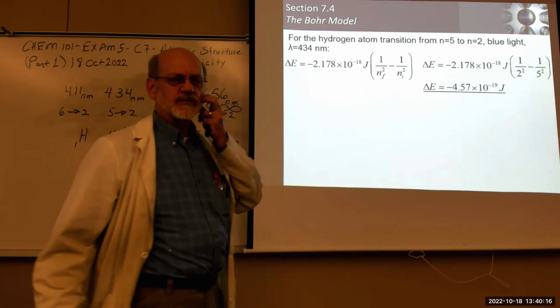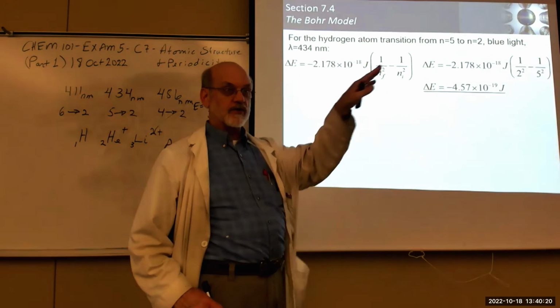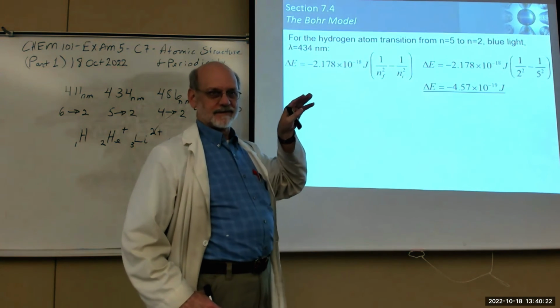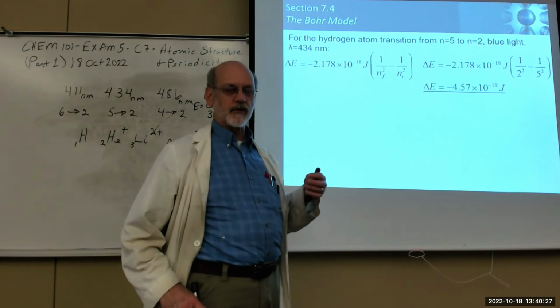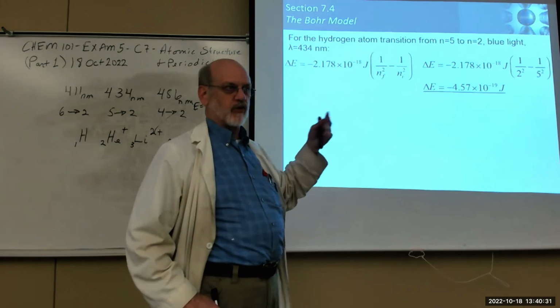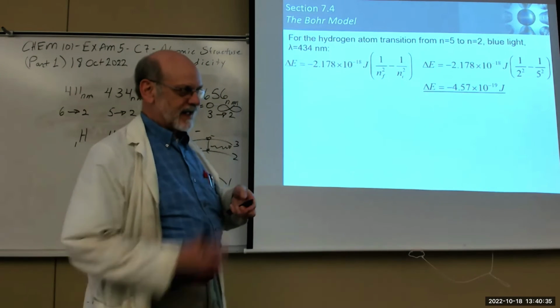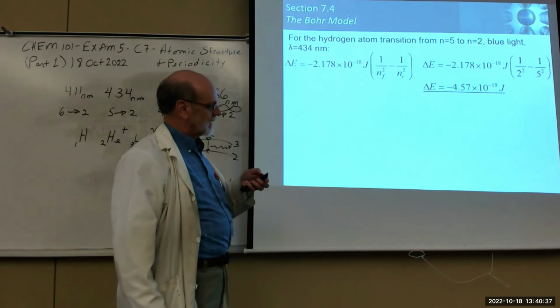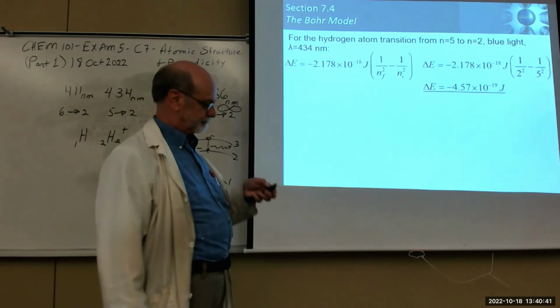We can think of this in terms of our system versus surroundings. If it's negative, then the energy is being lost. Just like heat, a negative Q would be exothermic. A negative delta E for this would be exergonic. I think this is the proper term. So exiting energy from the atom. If it were positive, then it would be absorbing energy.